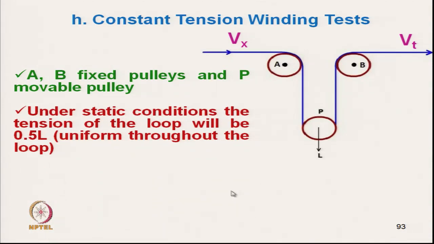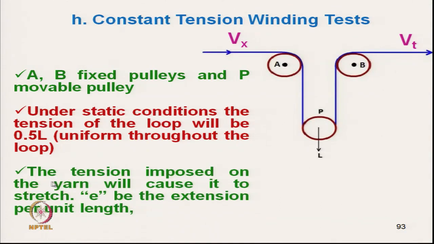So, under static condition the tension of the loop will be 0.5 L. So, 0.5 L means basically that the loop is there, and L is the total load, so that will get distributed. Under static condition it will equally be distributed, but under dynamic condition it will change.